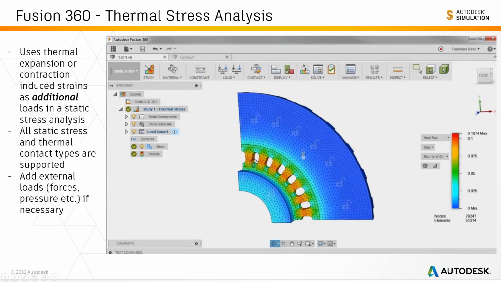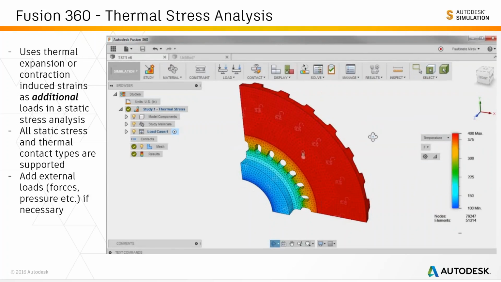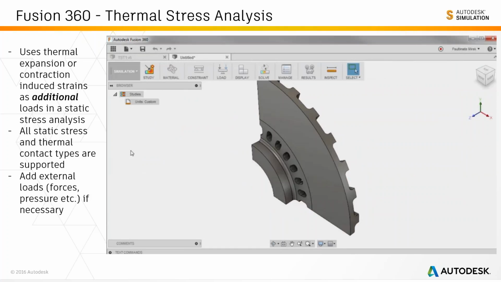So what we have here is a 1/8 model of a rotor. The temperature assigned there was 400 Fahrenheit, and we're looking at results in terms of stresses as well.